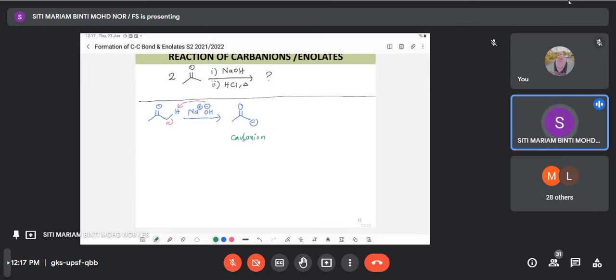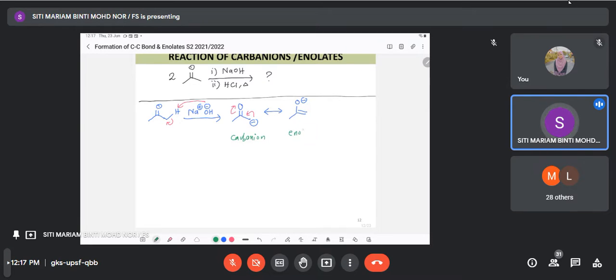Remember, this is the reaction for enolate. So you need to draw the enolate form for this carbanion. Enolate is the resonance structure of your carbanion. So you must have this double-headed arrow. For the enolate formation, you do electron delocalization. Then you get this enolate structure.